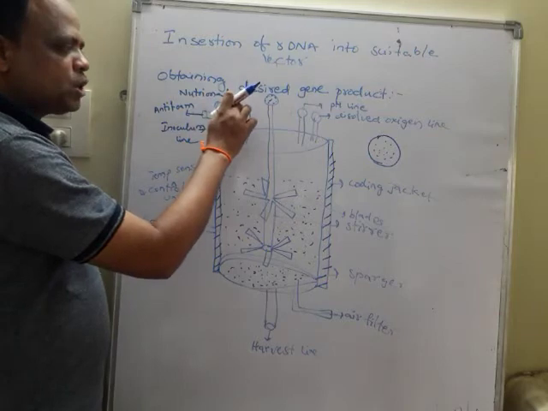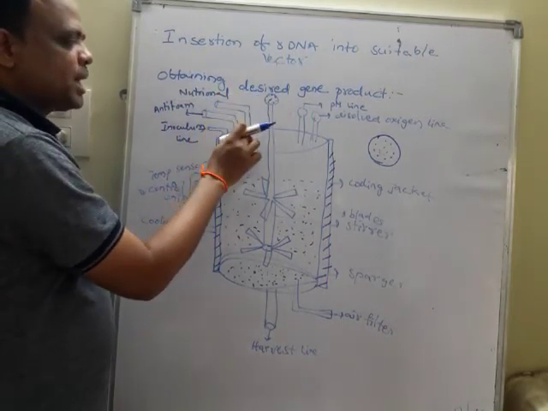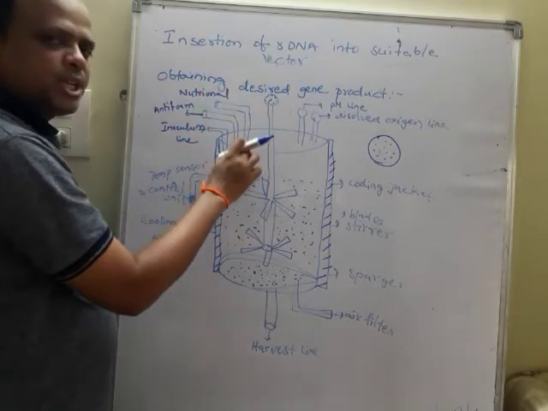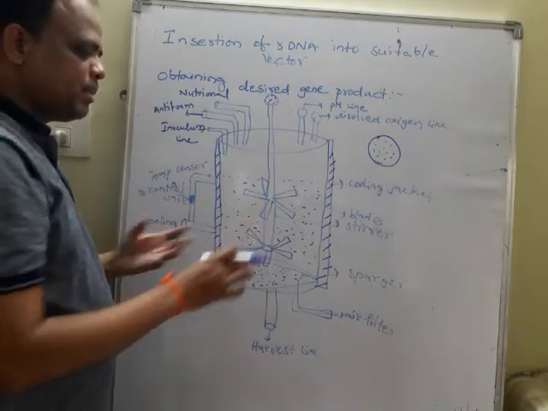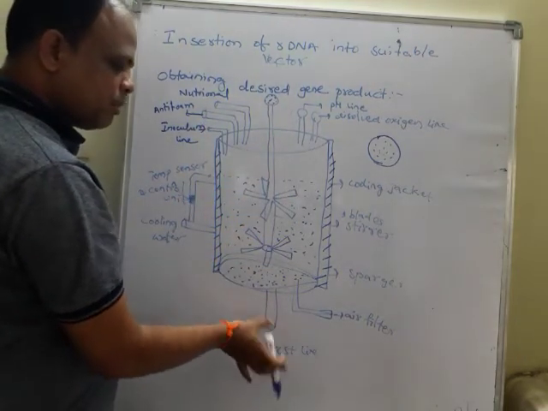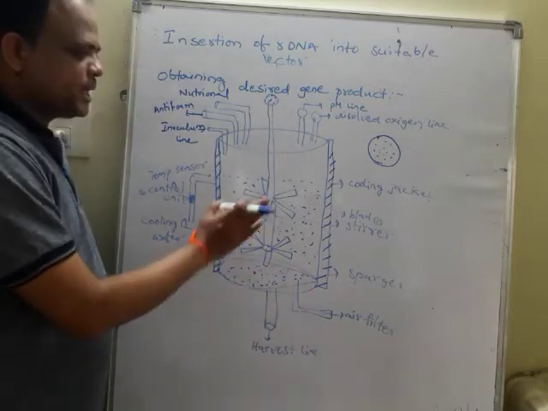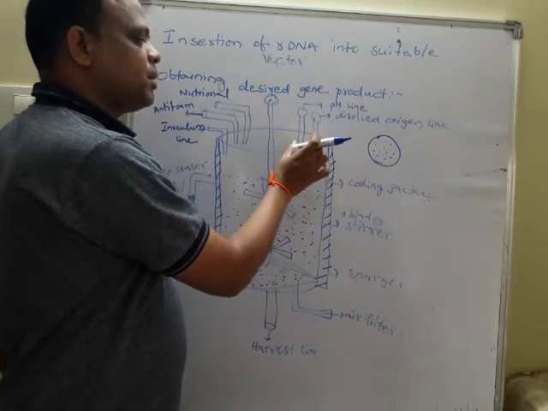Another line is the antifoam agent line, with which we add antifoam agents inside the bioreactor. Another line at the top of the bioreactor is the nutritional line. With the help of this nutritional line, we add a number of mediums. When the medium is completed, we add more, and at the bottom we remove waste materials.